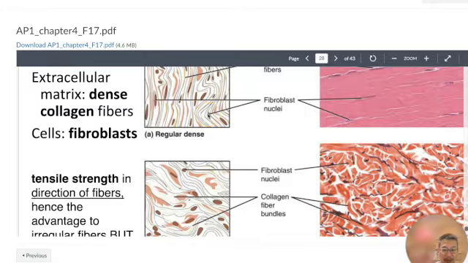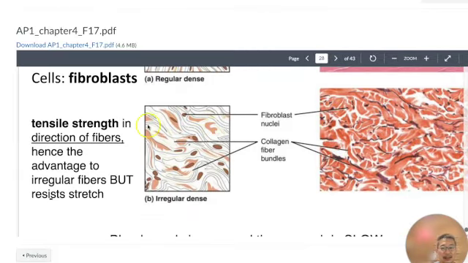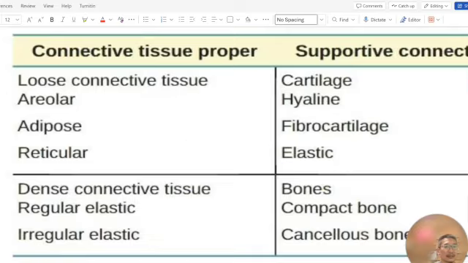It goes one direction, in and out. For the irregular, for example, like our arteries, when the arteries fill with blood, it goes in all directions, not just left and right. So this would be under dense connective tissue. We talked about regular and irregular.